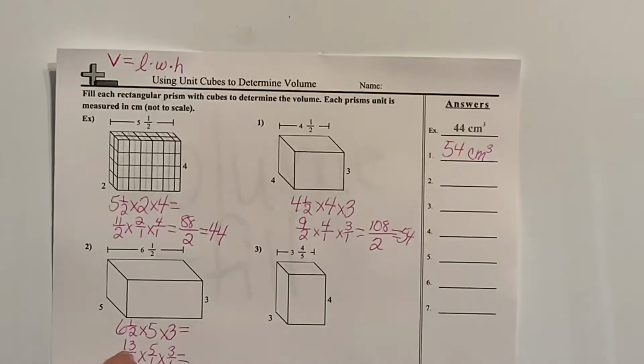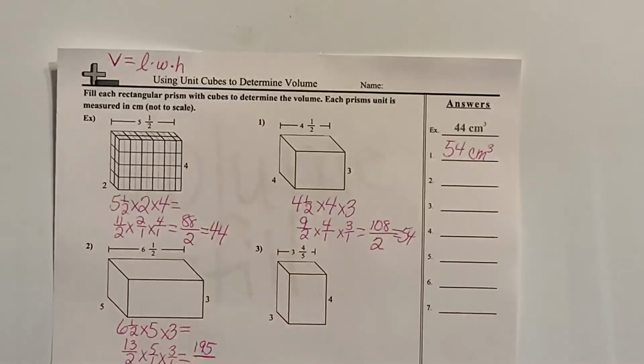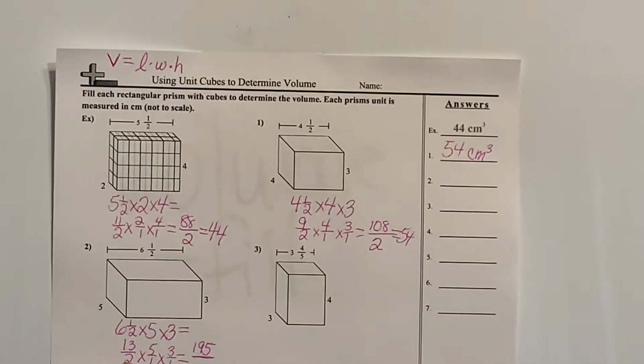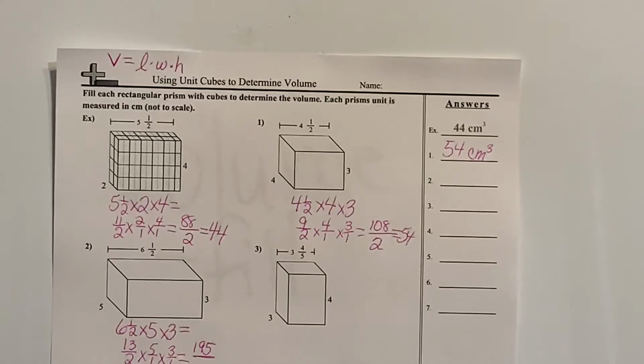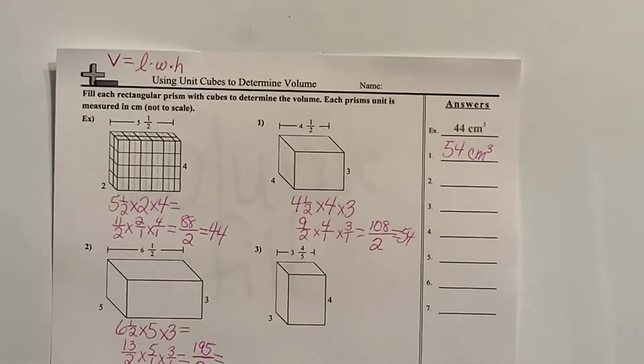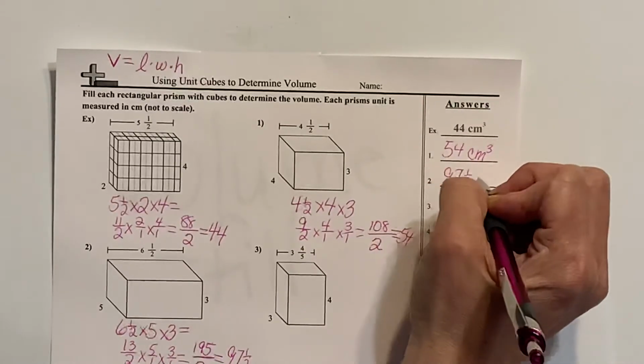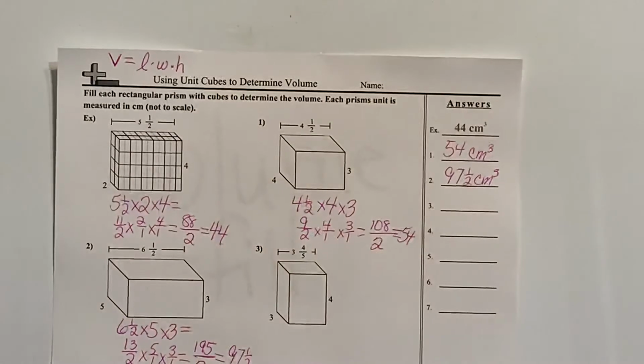So we've got 13 times 5, which is 65. 65 times 3 is 195. You can check me with your calculator. 2 times 1 is 2, times 1 is 2. 195 divided by 2 is 97.5. So this would be 97.5 centimeters cubed.